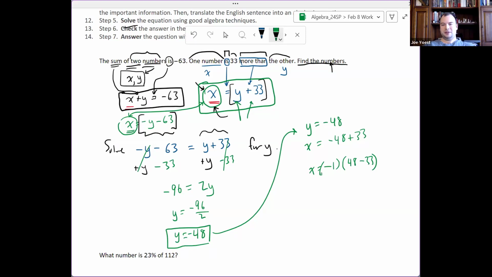I could think that negative 48 plus 33, I could have gotten that by distributing a negative 1 factor into 48 minus 33. And here I see that this is 40 minus 30 is 10, 8 minus 3 is 5, negative 15.